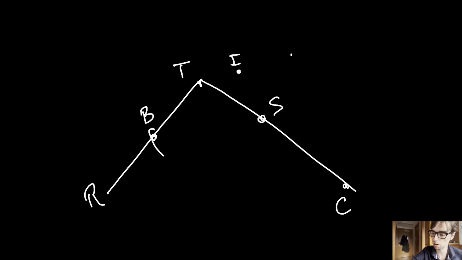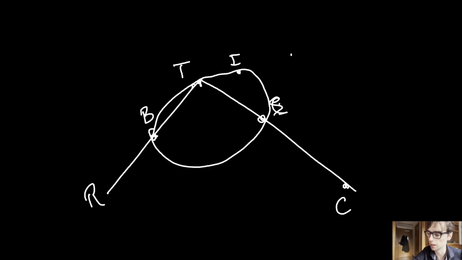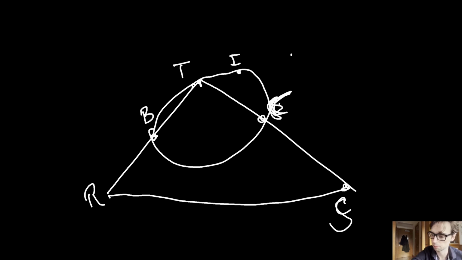So far we know that BTI and C are concyclic. This is what we know. And now the question is, what would happen if these were also concyclic?